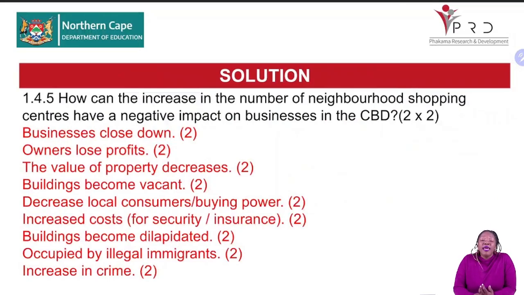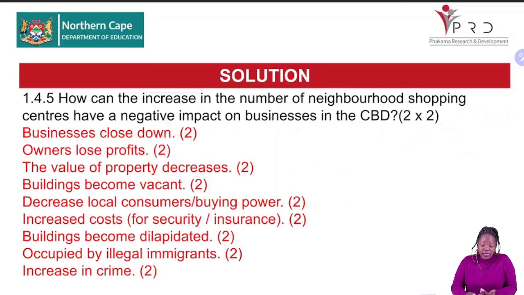And also the value of the property at the CBD will decrease if the business is no longer there. And we're looking at the buildings being left vacant because the business owners will be opting to decentralize their businesses. And also we're looking at the decrease in the local consumers' buying power.